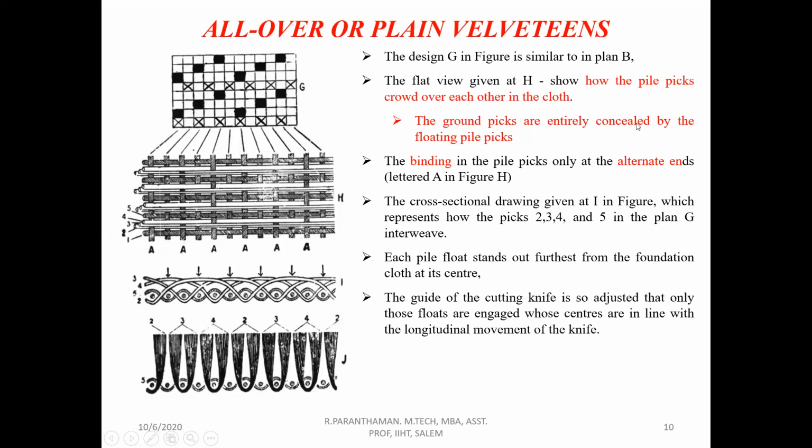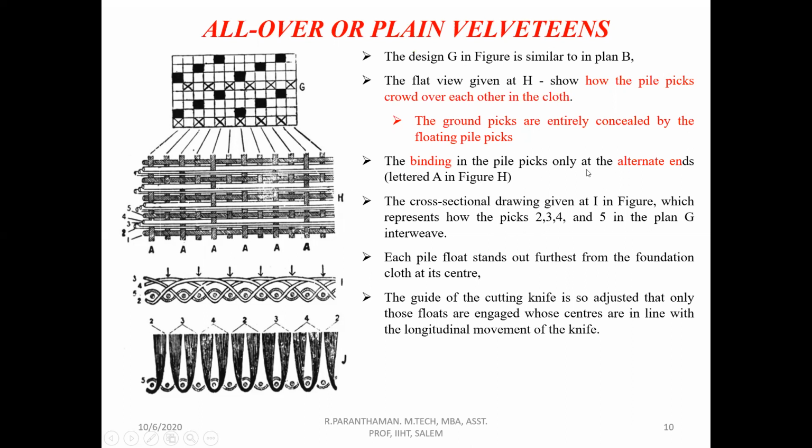The ground picks are entirely concealed by the floating pile picks. See the ground picks. The black color are ground picks that are completely concealed by the pile picks. The second, third, and fourth are the pile picks which completely conceal the ground pick.